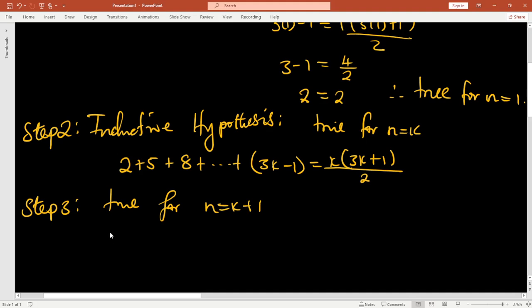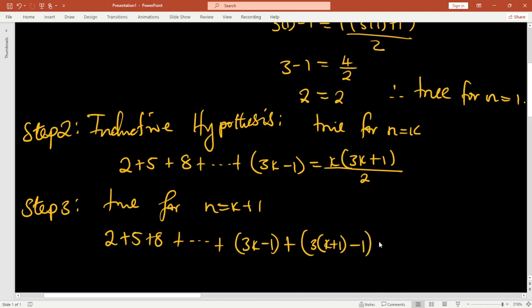So what we mean here is we have 2 + 5 + 8 + ... + (3k - 1) + now, since this is the k term that we have here, the k + 1 term here is going to be 3(k + 1) - 1, equal to, this side we're going to have (k + 1)(3k + 1 + 1)/2, like that.